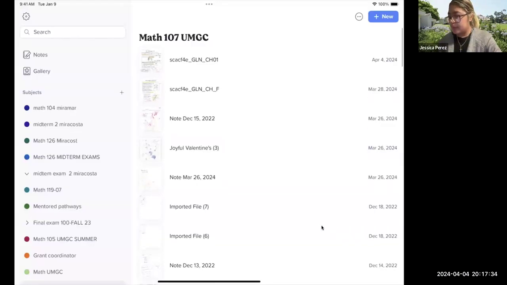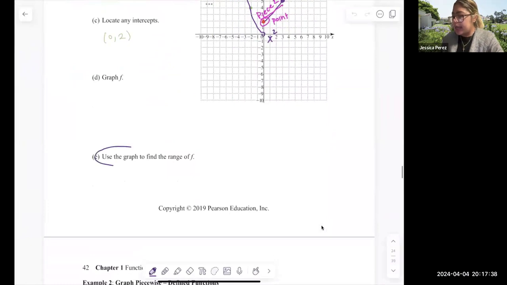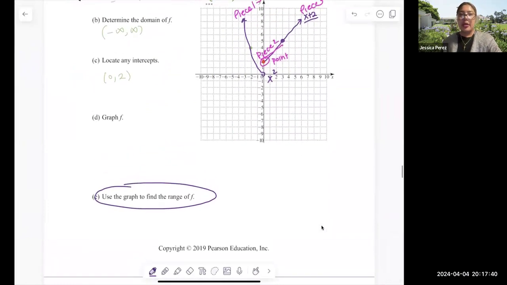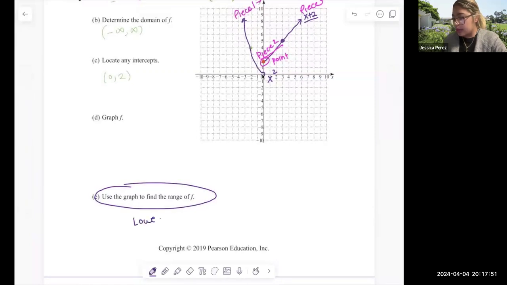Okay. So we're back here at chapter 1, and it's asking us to find the range. Notice the lowest point, what would be the lowest point actually? The lowest point would be 2 because 0 doesn't exist. So the lowest point would be at positive 2. That's an absolute minimum.